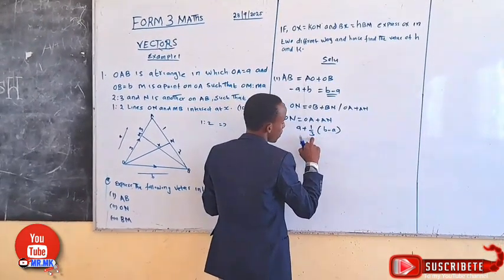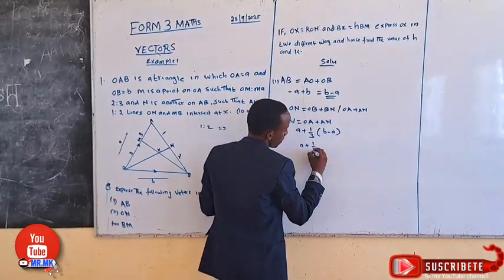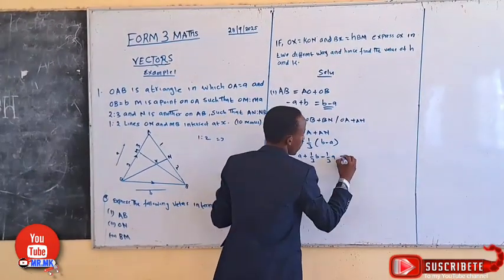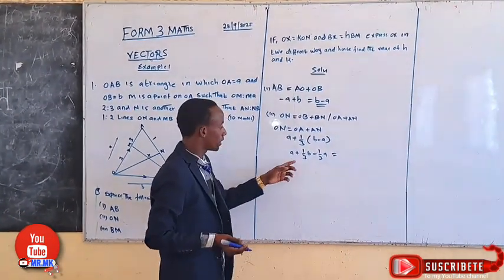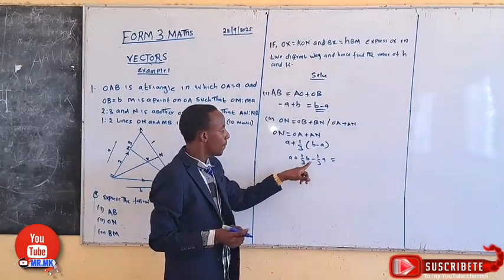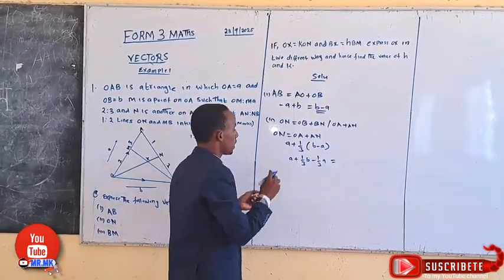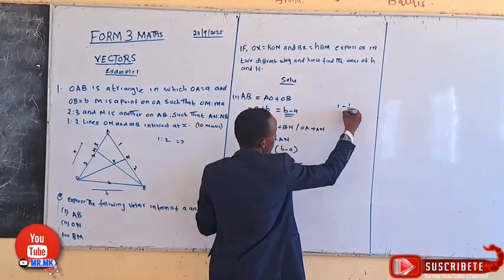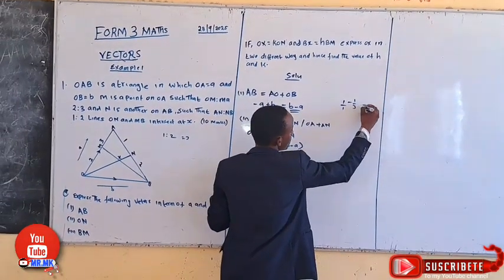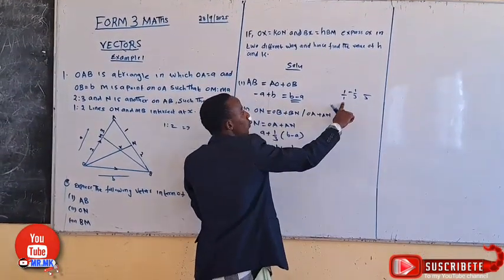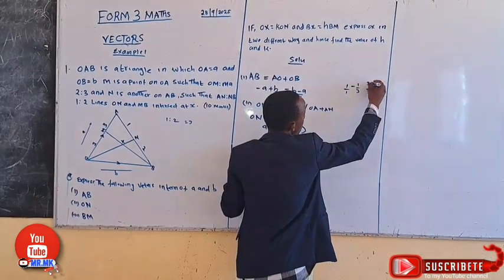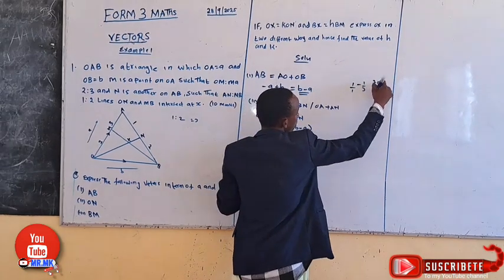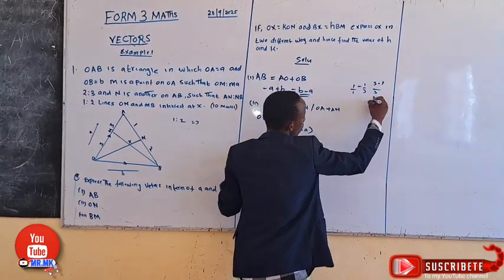Open the bracket: 1 over 3 B minus 1 over 3 A. Then A minus a third of A is 1 minus a third. The LCM is 3: 3 times 1 is 3, minus 1 times 1 is 1, so 3 minus 1 is 2 over 3.